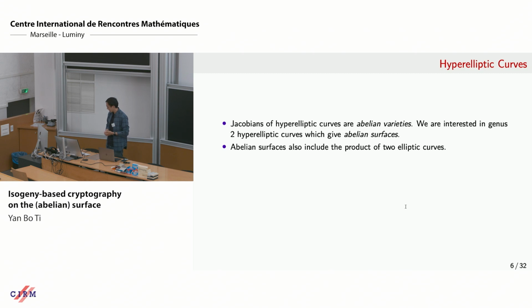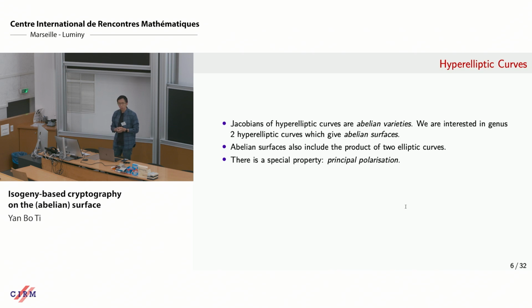Okay? And also abelian surfaces, besides just looking at the Jacobians, also include products of elliptic curves. So it splits into two different things: the reducible ones, which are products of elliptic curves, and the irreducible ones, which are Jacobians.